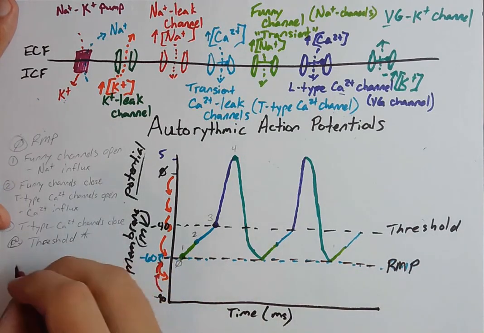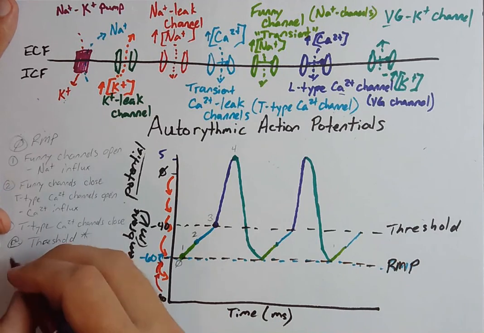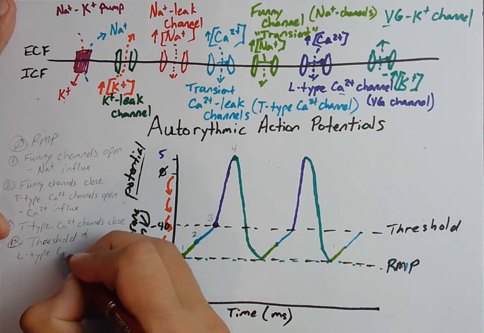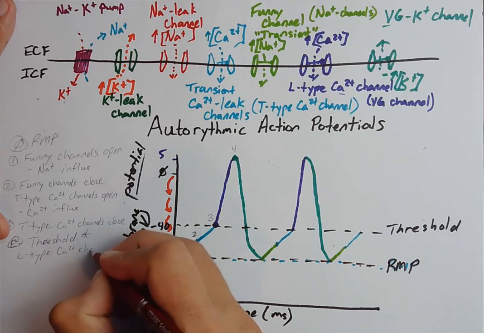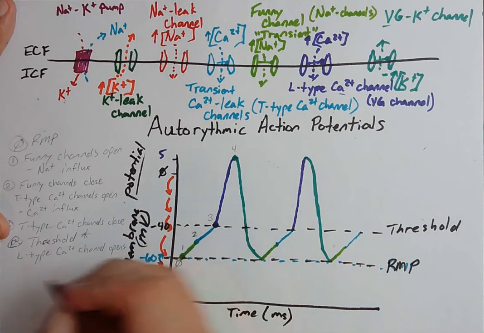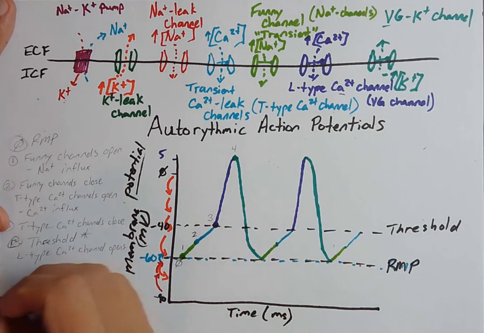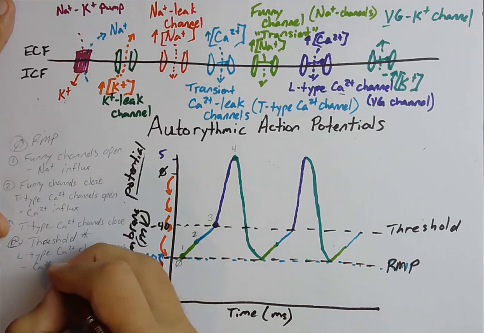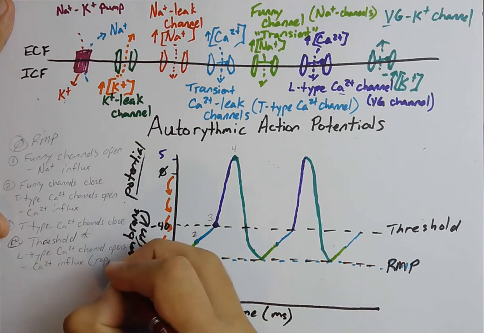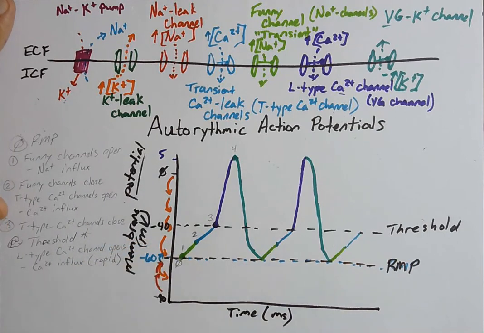So here at 3, what type of voltage-gated channel opens? It's the L-type calcium channel. Opens. And when the L-type calcium channel opens, well, there's a lot of them, and this is going to cause a flood of calcium influx. A big rapid rush of calcium influx.